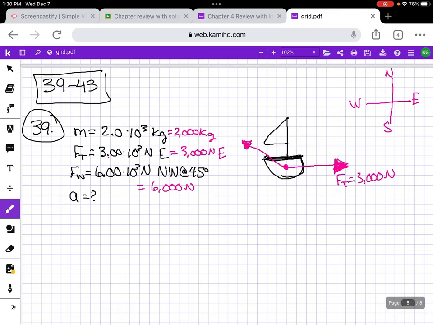North of west, which puts this at 45 degrees. And this force of wind is 6,000 newtons. All right. Now I'm going to look over the problem, make sure I didn't miss anything.